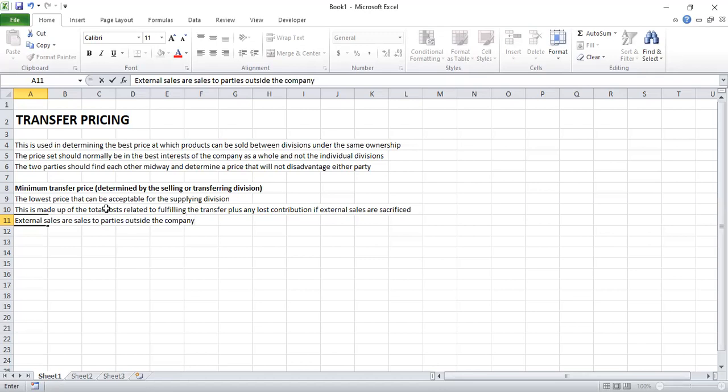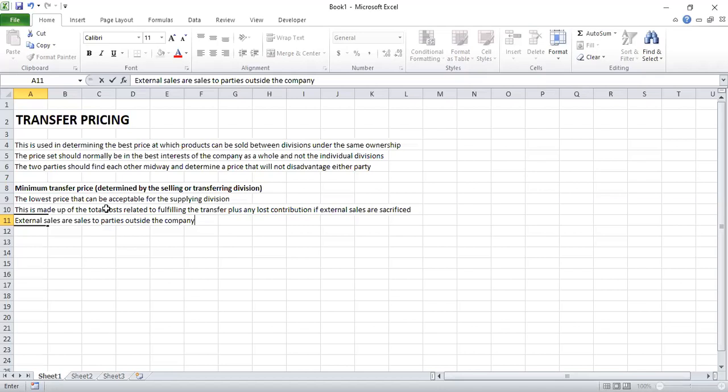Right. As we said, the wood manufacturing division can sell their wood to the furniture division or to other outsiders. So if supplying to the furniture division means sacrificing some of our sales to the external market, this division is to compensate us for all the profit that we could have earned by supplying to the external market.